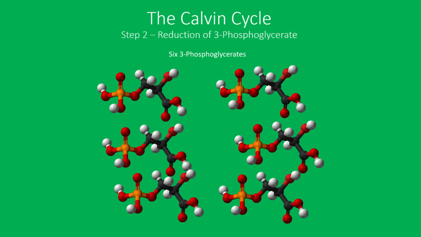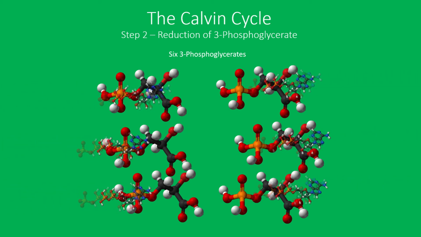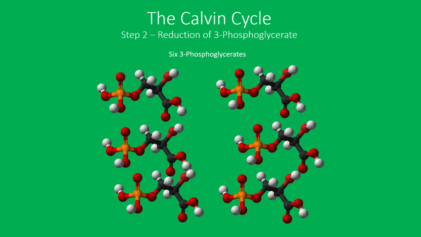In step 2, we now need to reduce, or add electrons and hydrogen ions to, the 3-phosphoglycerates. To do this, we need 6 ATPs, which help power the enzymes to help with this process. And please remember that the enzymes are not shown, except for rubisco, but they are there doing the work in the background.